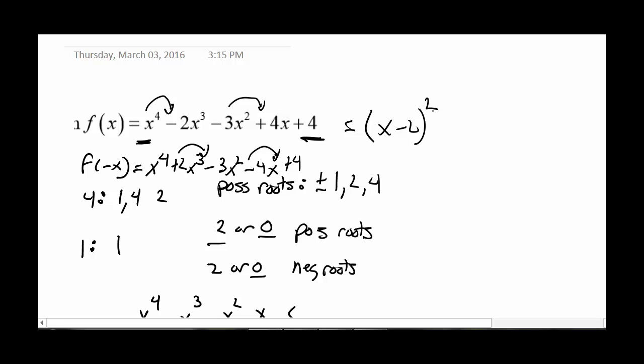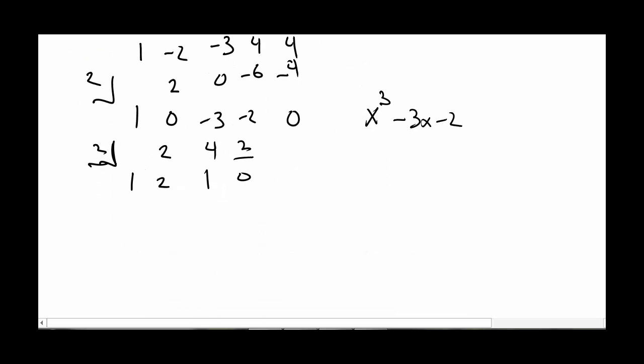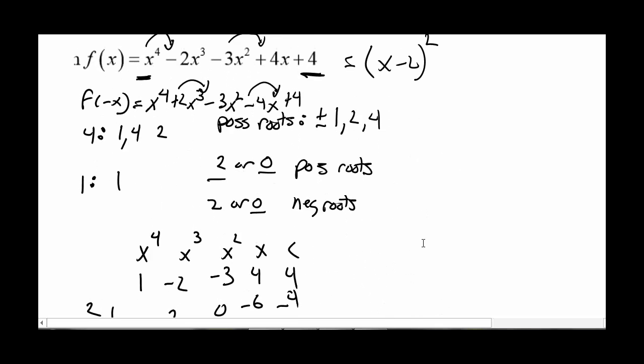Okay, so that's x minus 2 squared. And so this translates into x squared plus 2x plus 1. And then we'll just factor that, which is actually x plus 1 times x plus 1. Okay, so it's x plus 1 squared, so there's another multiplicity there.